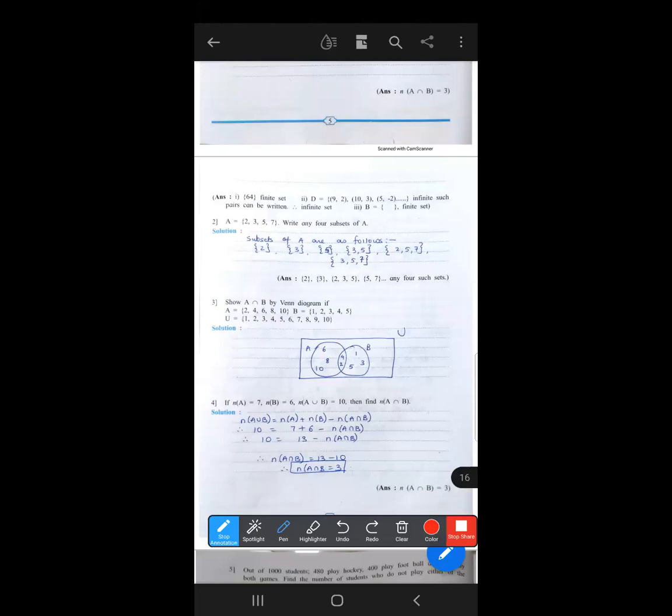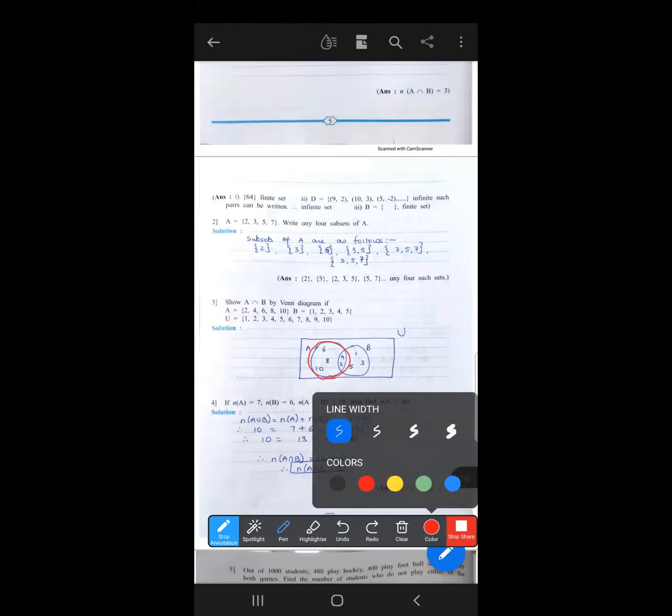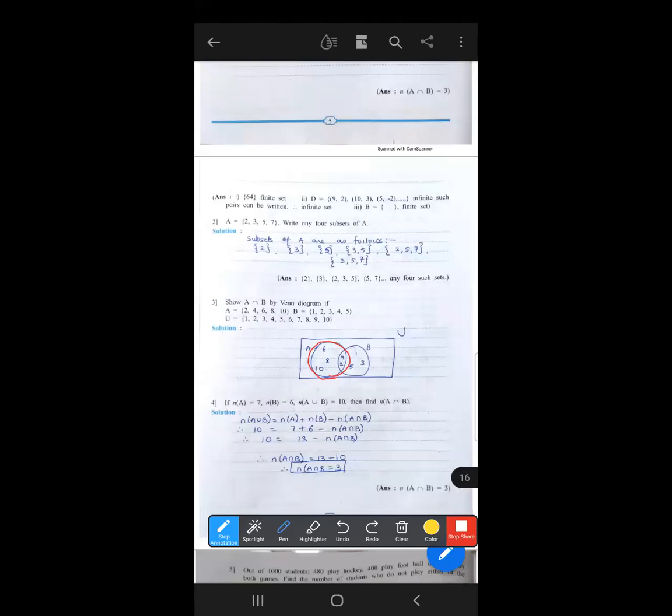So see here, this is set A. In set A what is there? 2, 4, I will just highlight in red. 2, 4, 6, 8, 10. This is the set A. Then set B, if you see, that is 1, 2, 3, 4, 5.